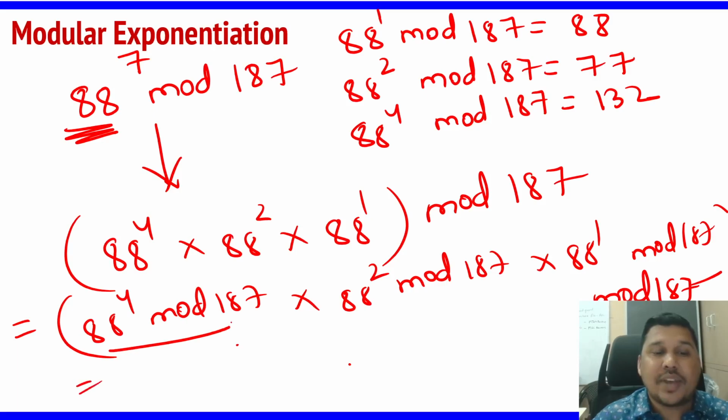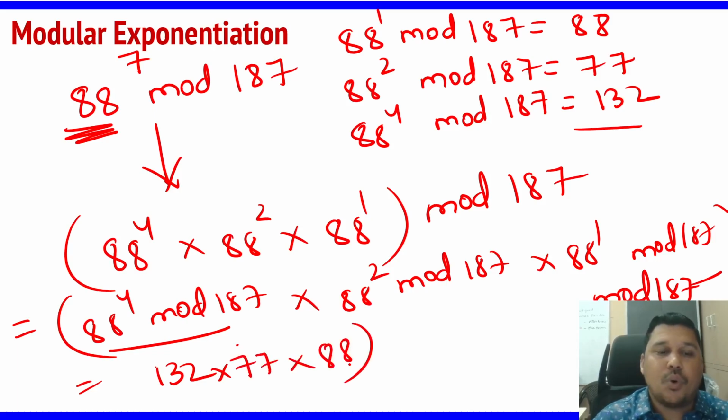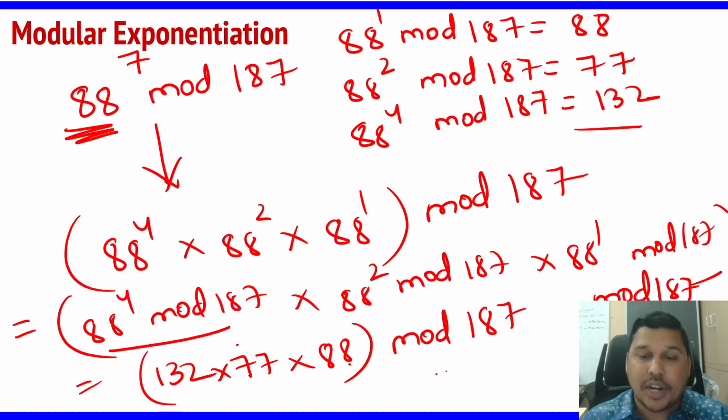What is this value? 132 into 77 into 88 whole mod 187. You multiply this value and calculate mod 187, and you will get somewhere around 11.